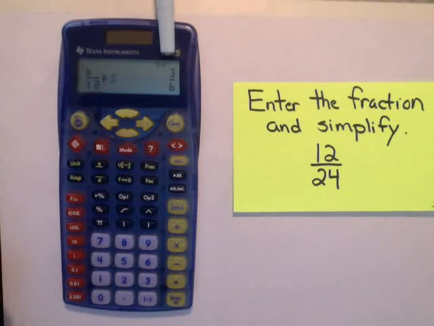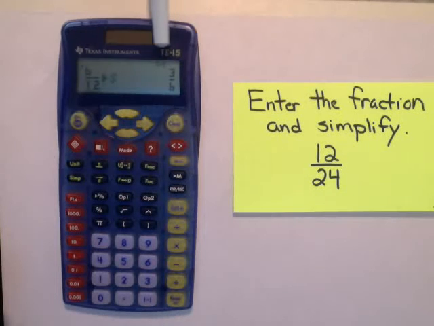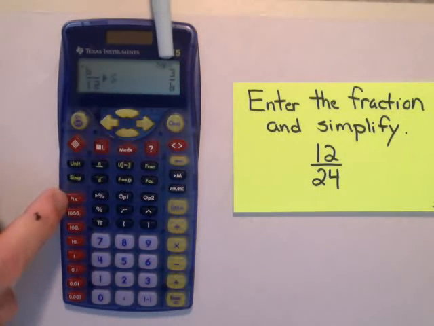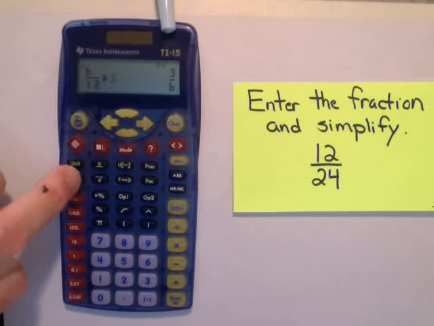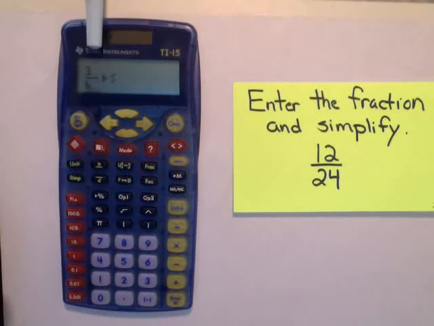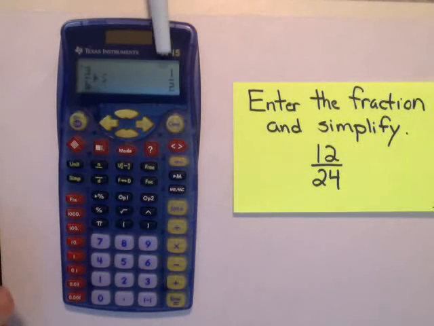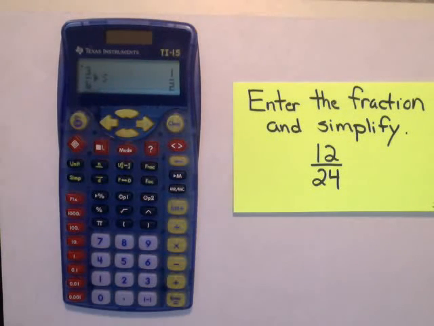Well, 3/6 is definitely not simplified, so we're going to do the simplifying again because the letters up here tell us it needs to be. So we hit simplify and 3/6 is ready to be simplified. Hit enter and out comes 1/2. And so we're good to go there.